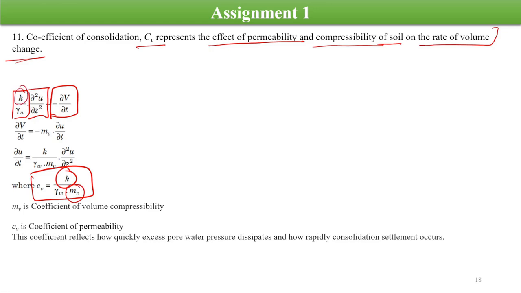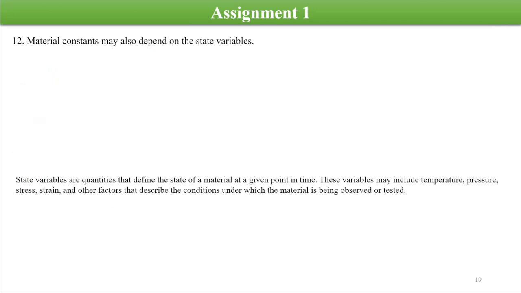The coefficient of permeability represents the volume change behavior of the material, as well as the compressibility modulus, which also represents the volume change behavior of the material. So these two affect the rate of volume change of the material or the soil.